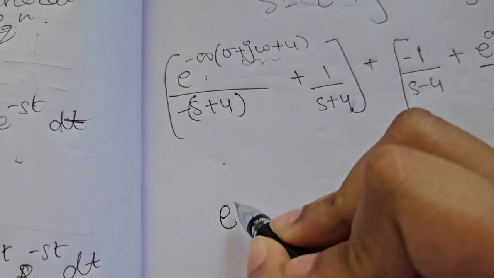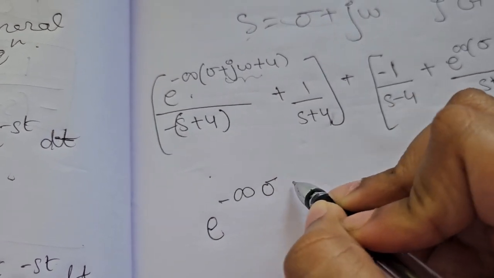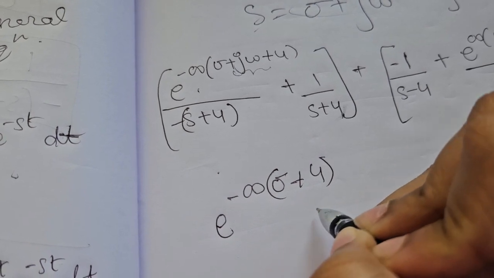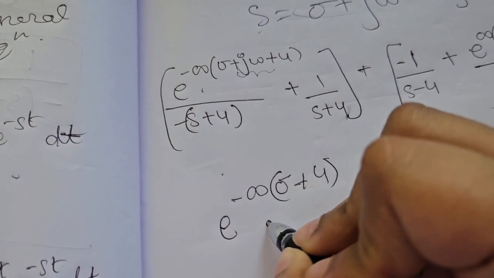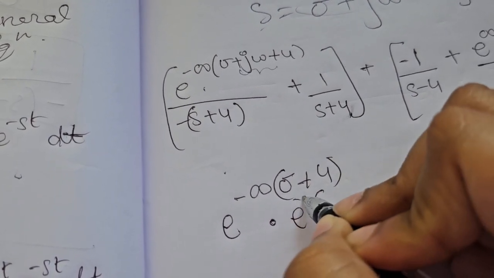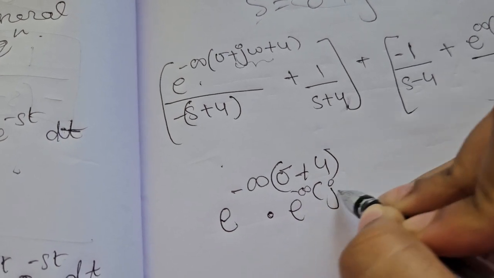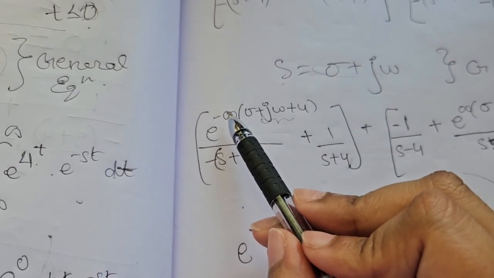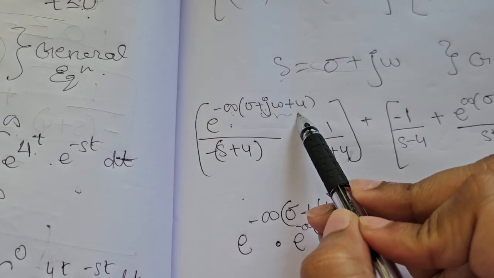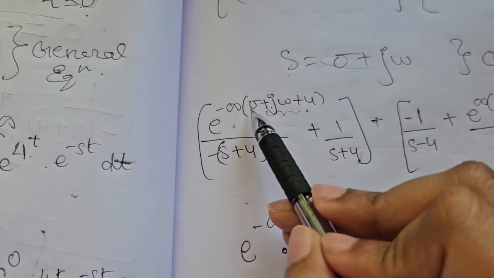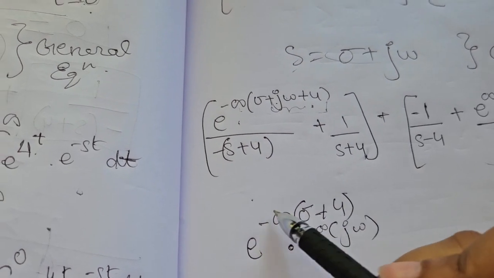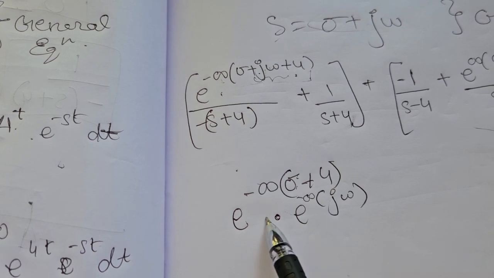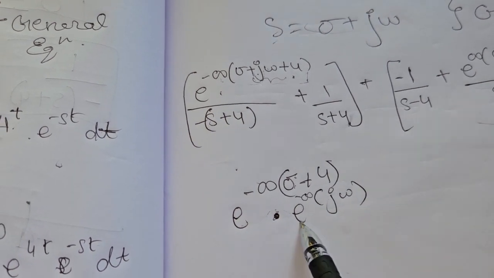It can be written as e raised to minus infinity into sigma plus 4, right, into e raised to minus infinity j omega. I have basically just multiplied this into the inside, but not to every single digit. I've just grouped this, multiplied that inside, and then I've just multiplied that inside. When you do it like this, you can actually separate your values.